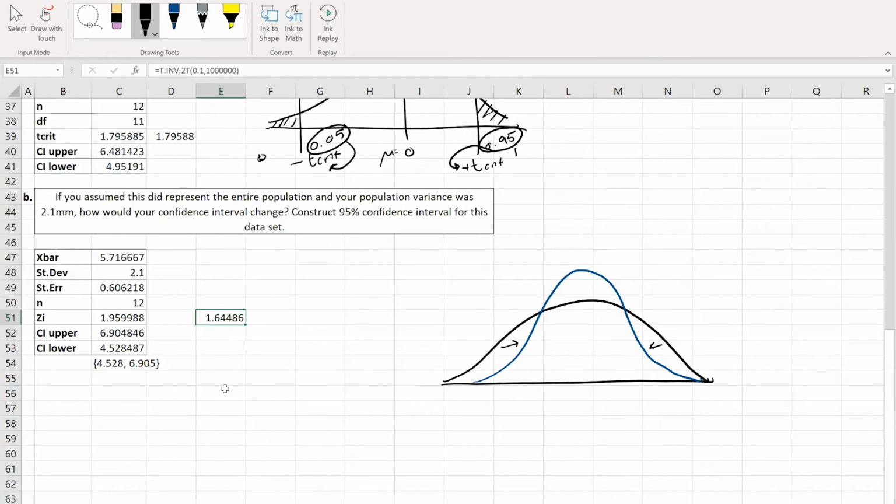And we'd get this as our new z critical value. The confidence limit for the upper would be our mean plus our critical value for 90% times our standard error. And the lower one would be our mean minus our critical value times the standard error.